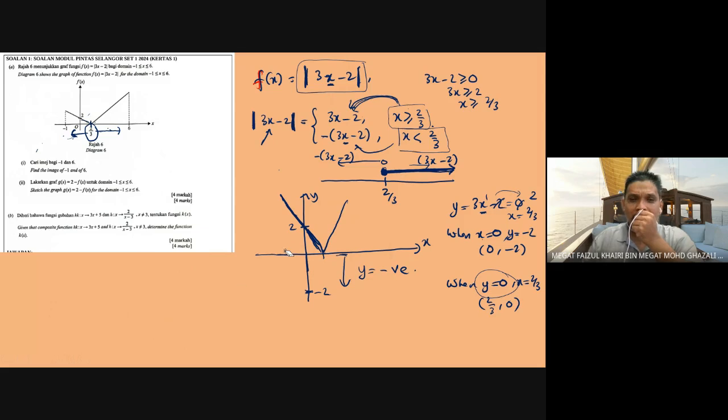So now, this is the graph according to the diagram that we have here. And this is where x is less than 2/3, and this is where x is greater than or equal to 2/3.